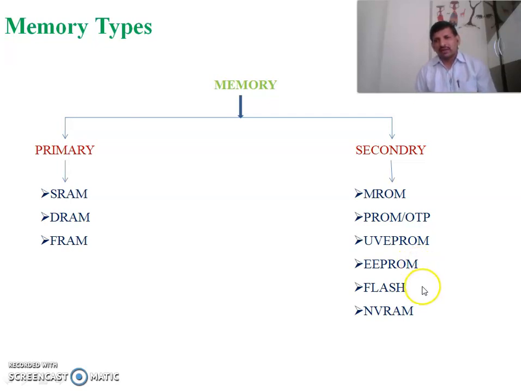So again they updated the memory devices, that is flash memory. Here the data is arranged in the form of sectors or pages. At a time we can erase one sector or one page of information, so it is very fast, like our memory cards, pen drives and hard disks. All these come under flash memory devices.